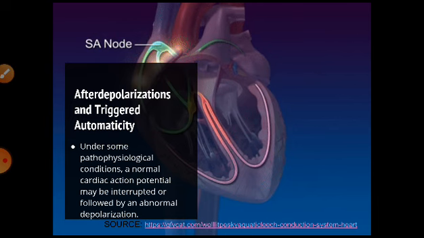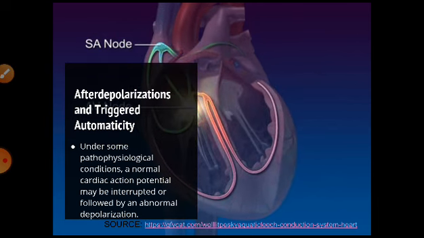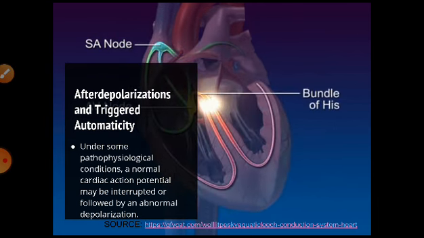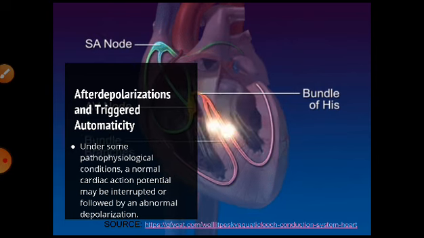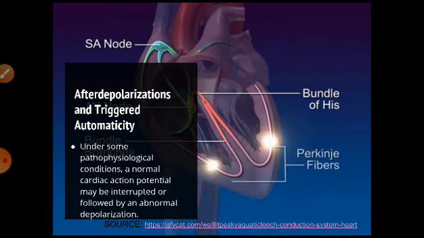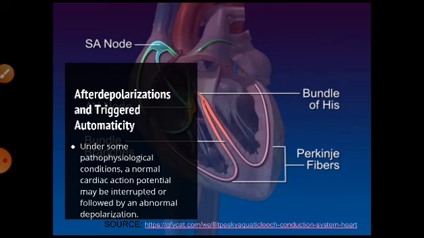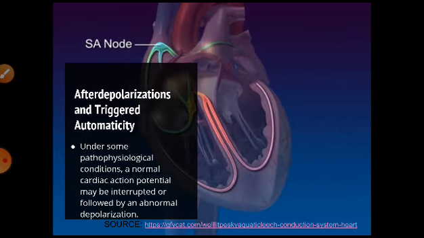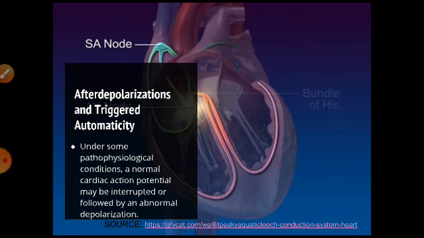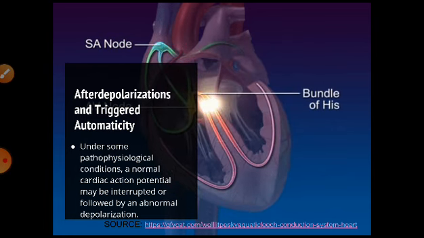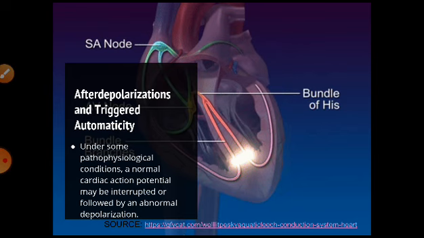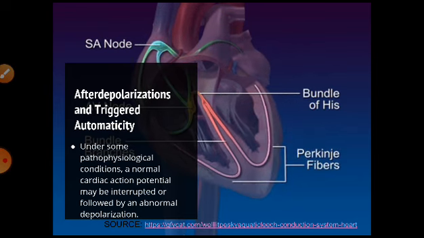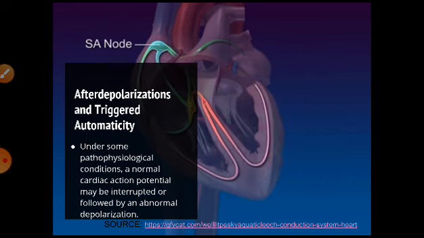Now we talk about the second mechanism of arrhythmia, which is called afterdepolarizations and triggered automaticity. What is happening here? Under some pathophysiological conditions, a normal cardiac action potential may be interrupted or followed by an abnormal depolarization.